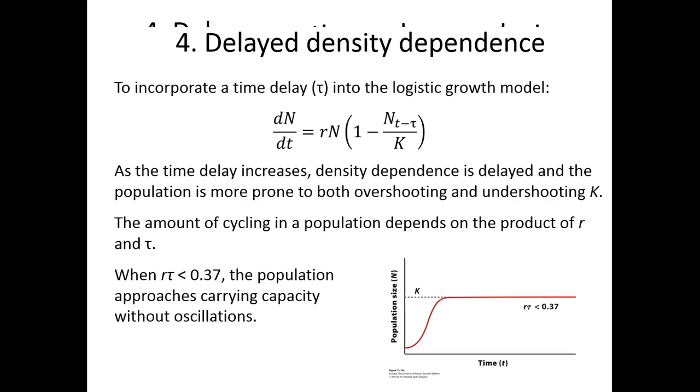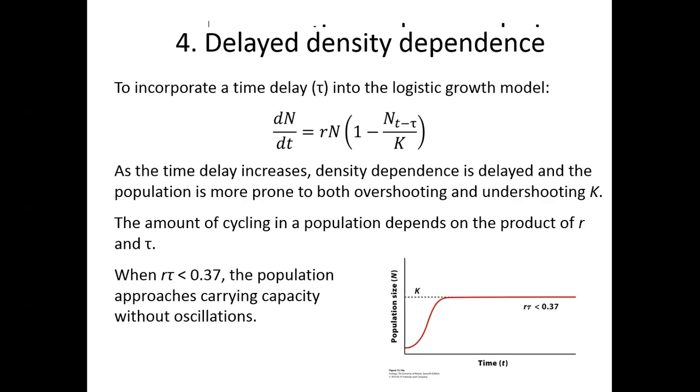So instead of N being the current N, we use the N at some previous time. And tau then is the lag. So tau might be 0.5 if it's a 6-month delay.